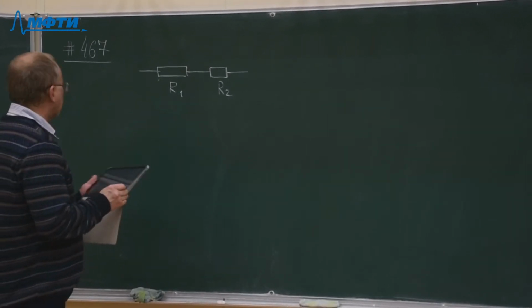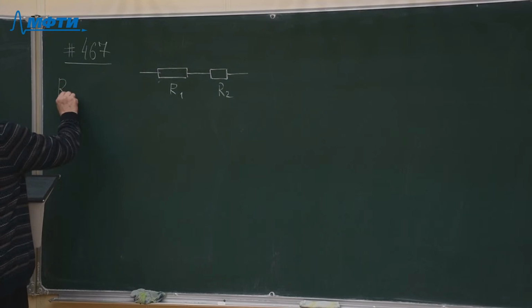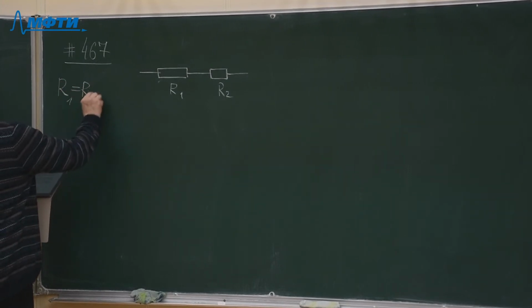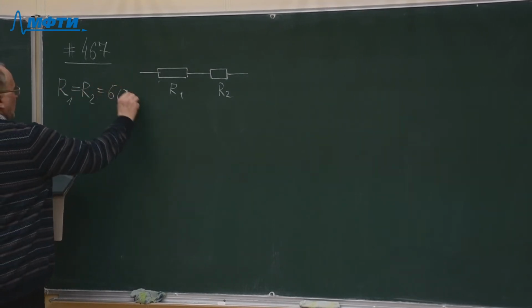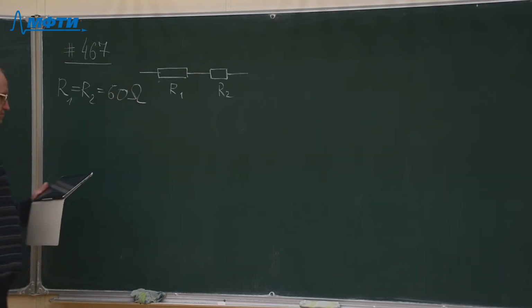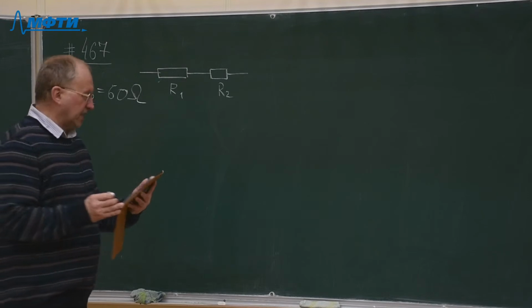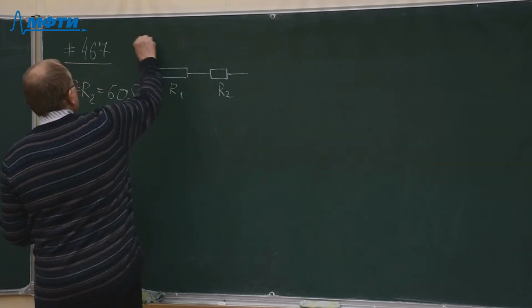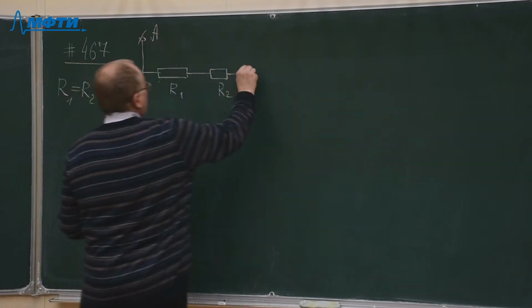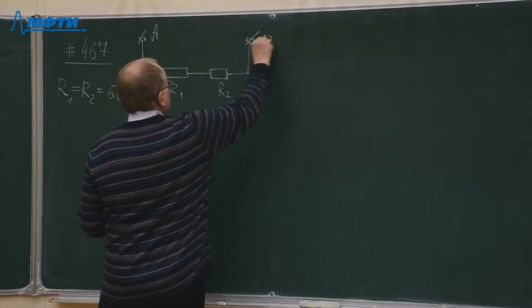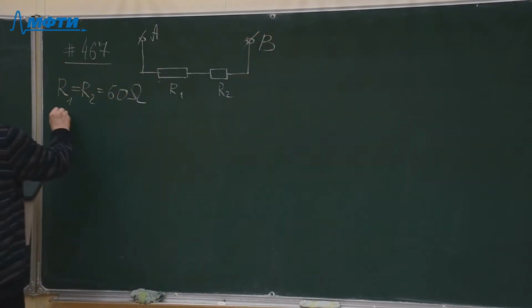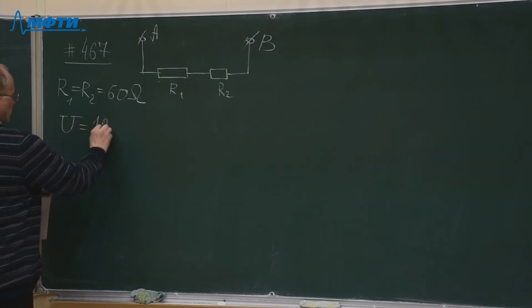Each resistor is 60 ohms. The potential difference between points A and B is given, it's 120 volts.